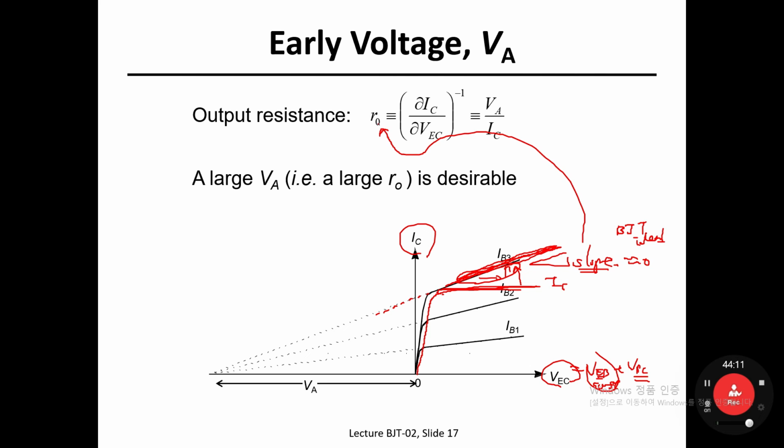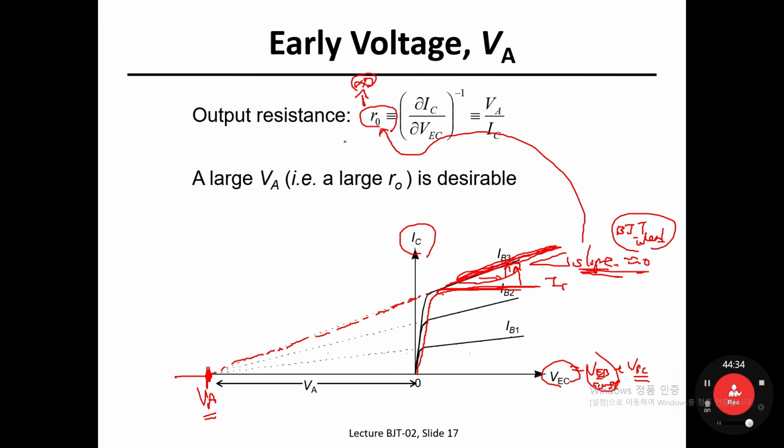In other words, the output resistance would become infinite if your BJT is very ideal. So infinite means this slope is 0. That means if I draw the tangent line, it crosses over the x-axis. So this point is defined as the Early voltage.